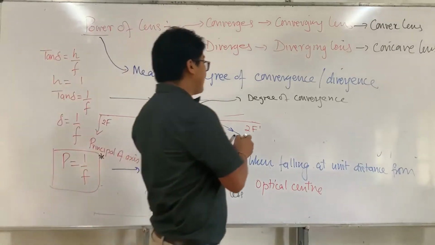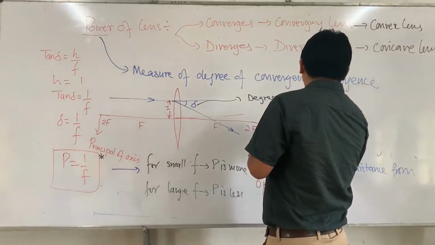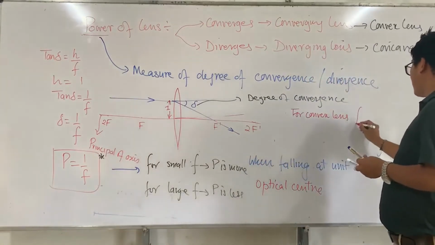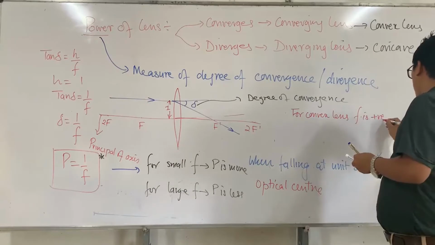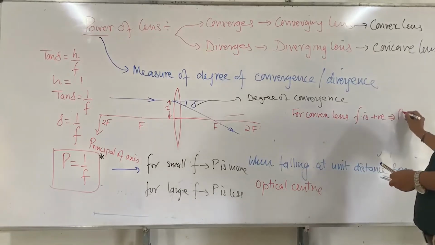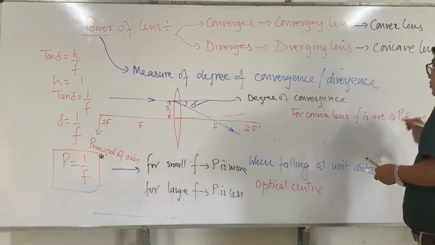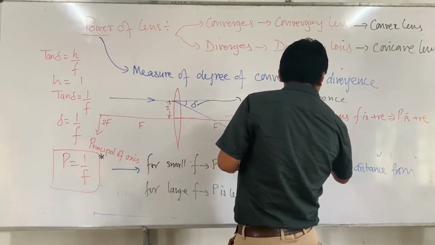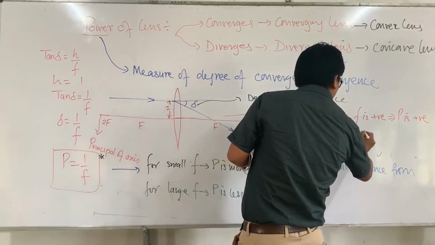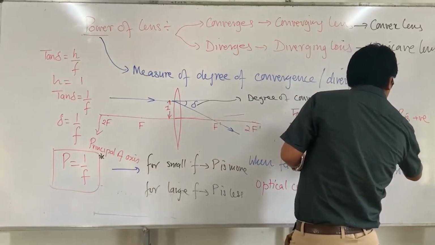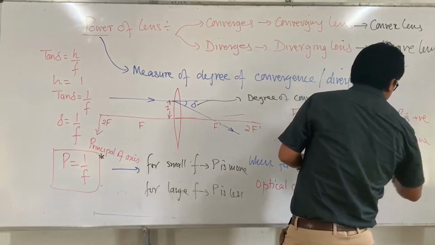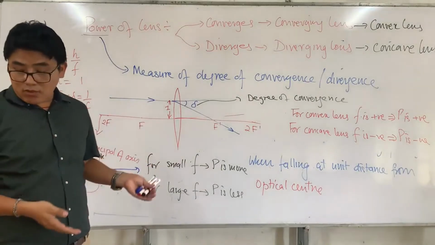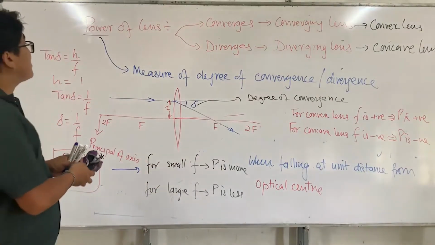So for a convex lens, f is positive, which implies P is positive. For a concave lens, f is negative, P is negative. This is how we differentiate whether it is convex or concave using power.